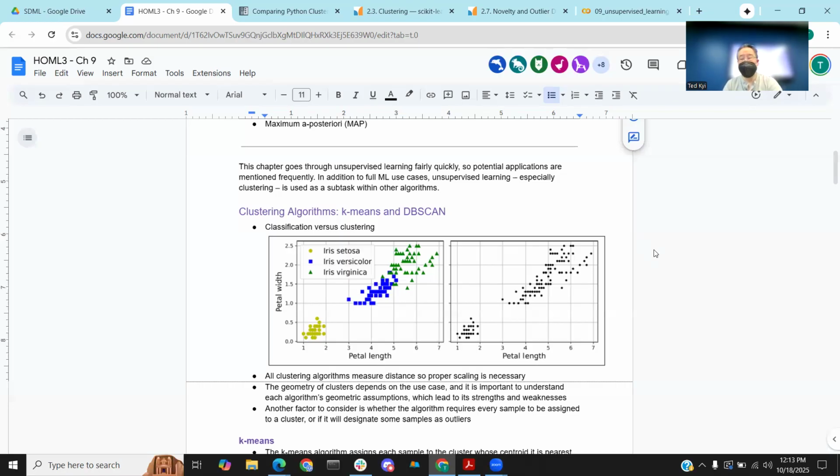Obviously that will make more sense as we go through this, but I wanted to highlight that sometimes all you need is one of these techniques. Somebody says, I want you to cluster my customers into a few different personas. Then you're just doing clustering. But there are other times when these algorithms end up being subcomponents in something bigger.